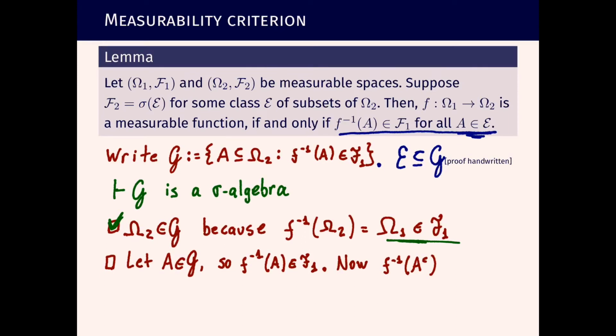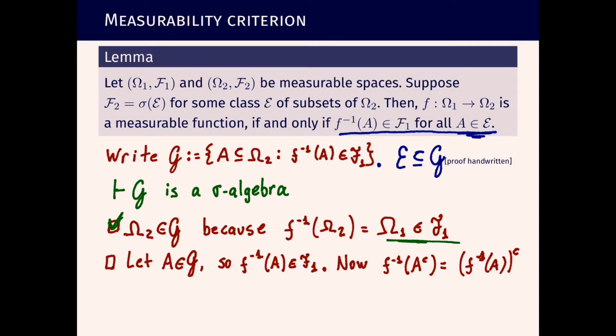Now, of course, we want to study the pre-image of the complement of A, and we just have to notice that this is the same as the complement of the pre-image of A. So pre-images and set operations play well together: the complement of the pre-image is the pre-image of the complement. Let me just point out that this complement here is the complement with respect to omega 2, and this complement here is the complement with respect to omega 1.